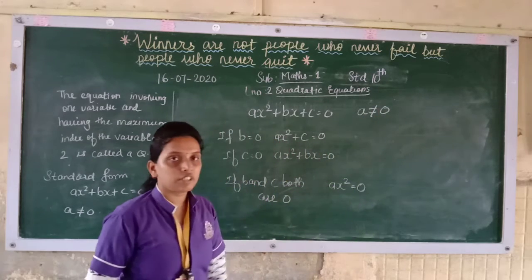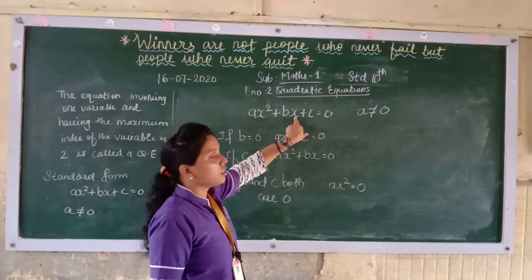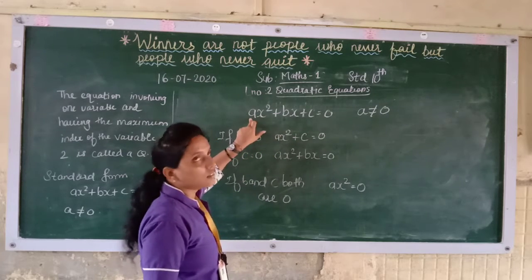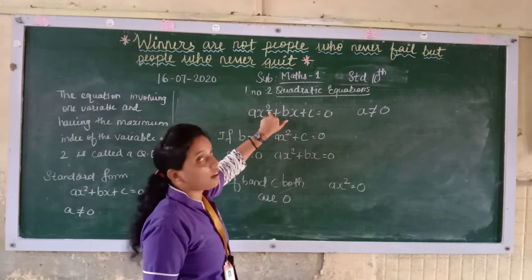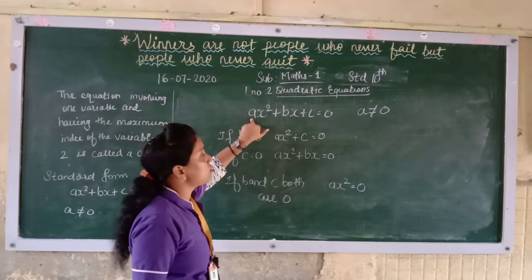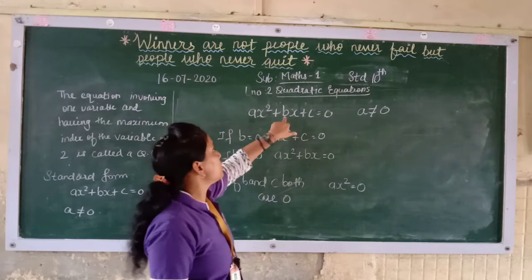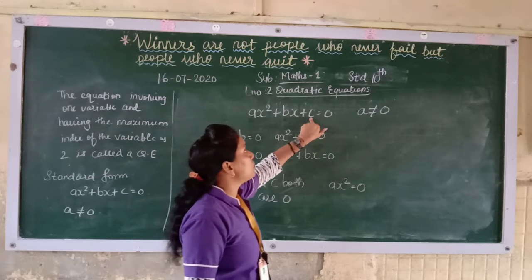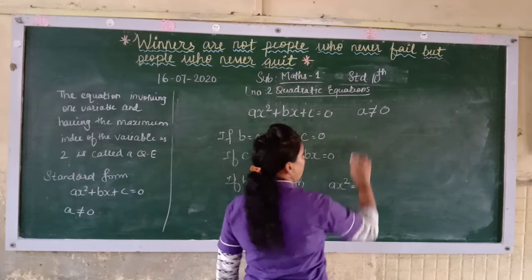This is the variable x. Whatever is there with x is a coefficient. Because it is of x square, this is the quadratic coefficient. Here it is x to the power 1, meaning linear, so this is the linear coefficient, and this is the constant. Always remember a should not be equal to 0.